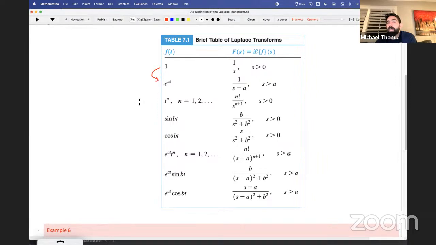I'm going to give you a few minutes to look through this. Here, I'll give you another generalization. If you were to choose n equals 0 for this one, you'd have 0 factorial, which is 1. Did you guys know that? 0 factorial is 1. Over s to the first, that's 1 over s.